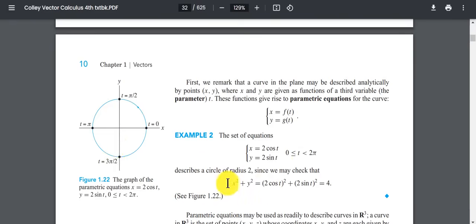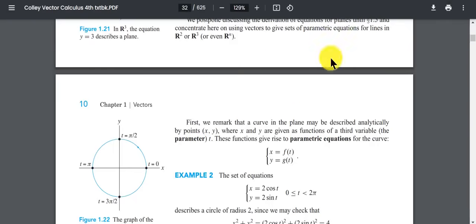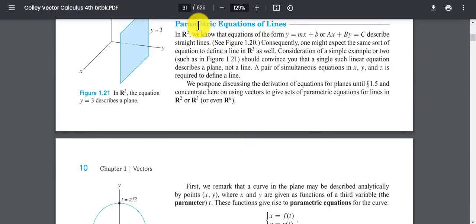So you get x squared plus y squared equals 4 over here, and that will define a circle of radius 2, right? This is the square of the radius, so the radius is actually 2. Okay, so that's just something I wanted to mention about this picture here. Okay, like I said, we want to talk about parametric equations of lines.